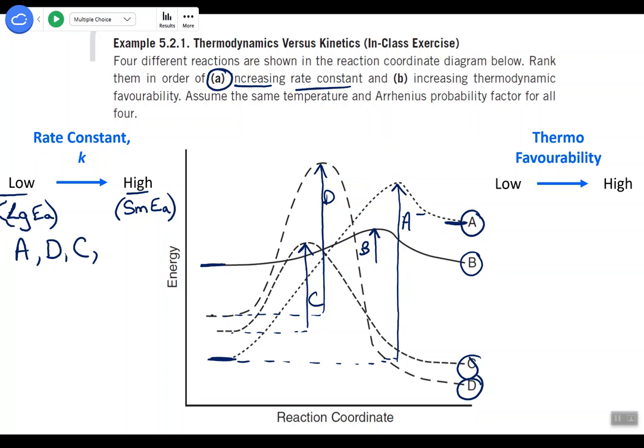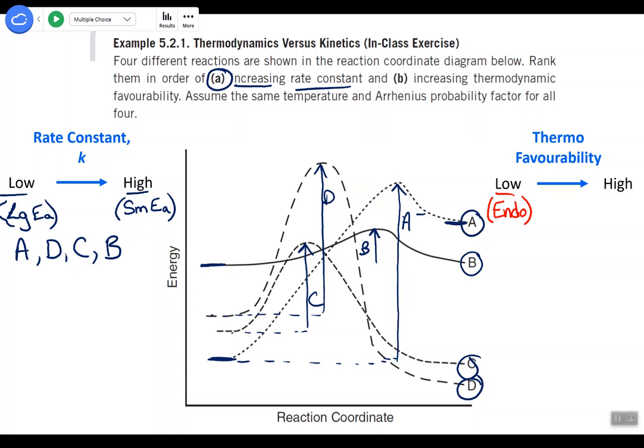And there we go. Let's change it up now and look at this in terms of the thermodynamic favorability. Low thermodynamic favorability would be reactions that are endothermic, reactions that require energy going in, where the products have more energy than the reactants. We have to put in energy to make it happen.